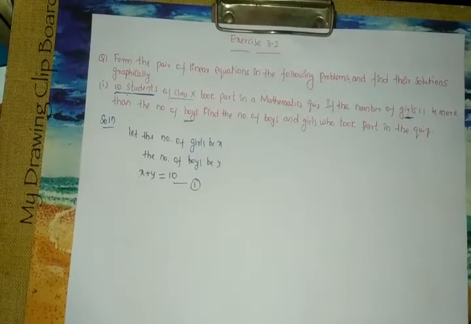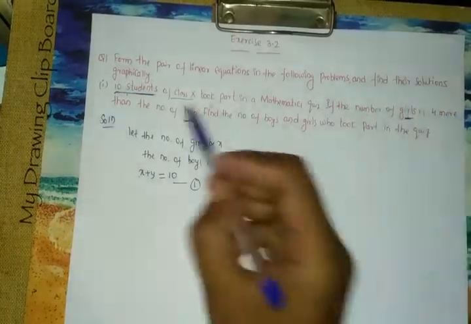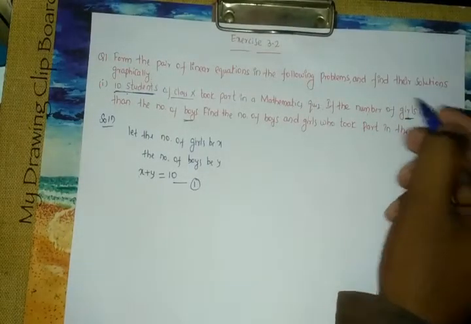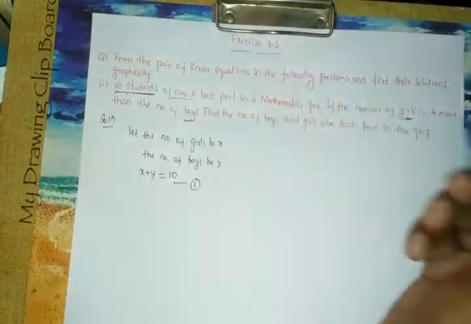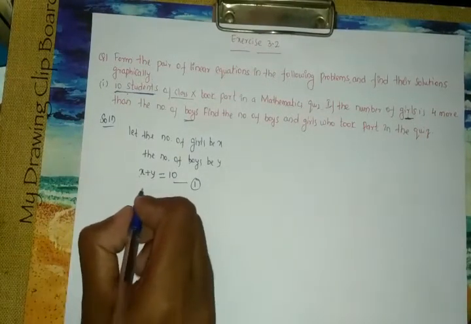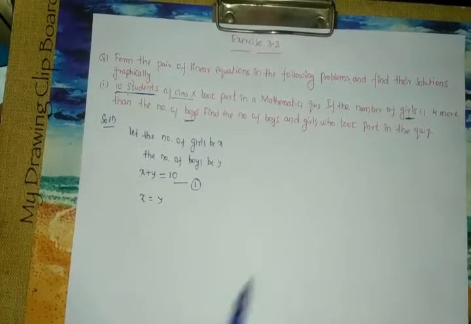Now the second situation: if the number of girls is 4 more than the number of boys. So I will just write girls equals boys.